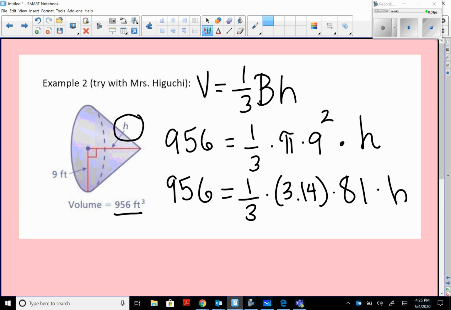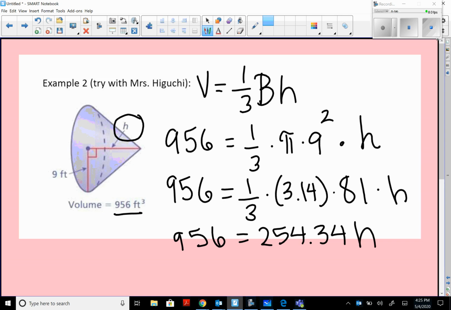I'm going to go ahead now and multiply all of those numbers together on the right side of the equal sign. So let me do the 3.14 times the 81 first, and then do divided by 3. When I multiply those and I divide by 3, I get 254.34. So 956 equals 254.34 times h.